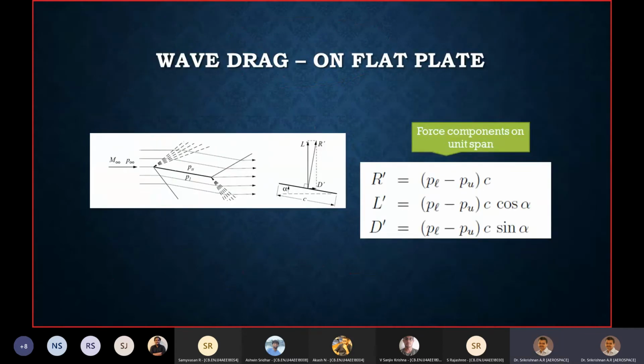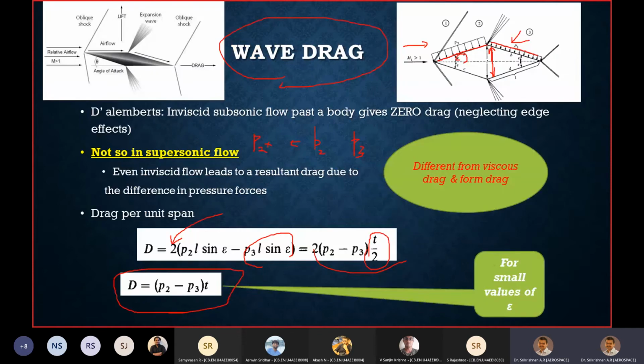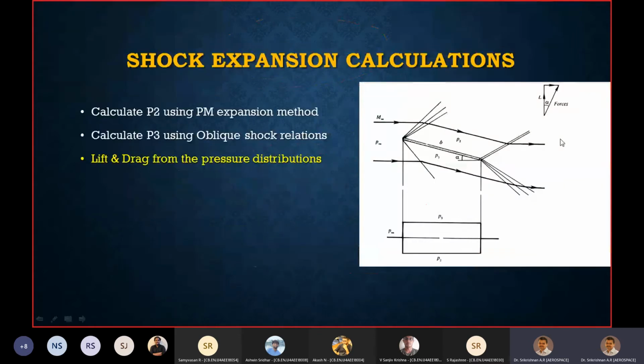Now we'll see how we estimate that on a flat plate. Initially what we took here was a diamond-shaped airfoil for which we formulated this, and the same thing can be applied to a flat plate at an angle of attack.